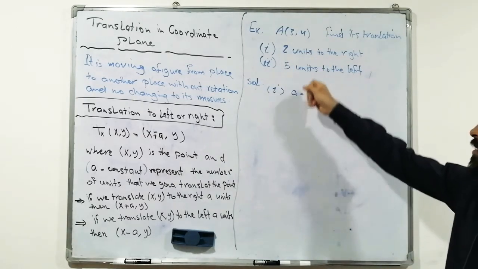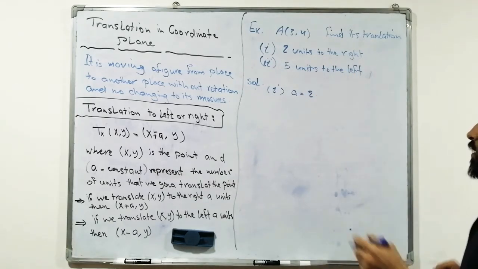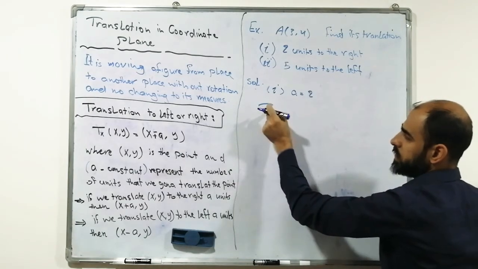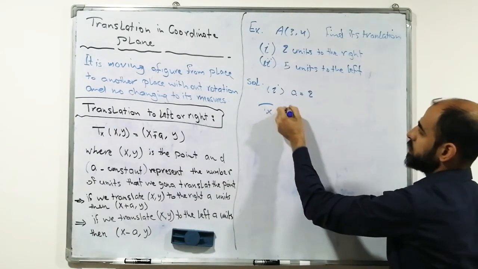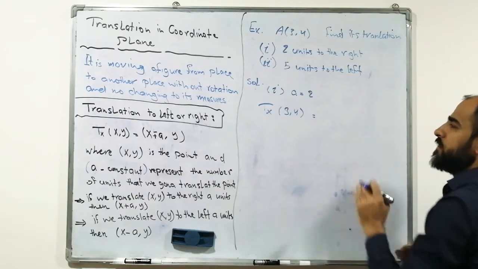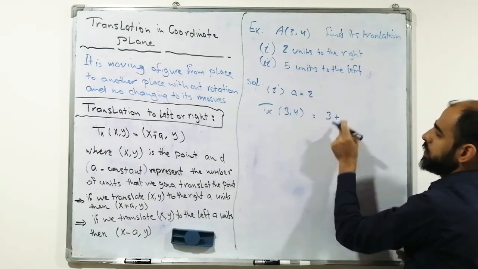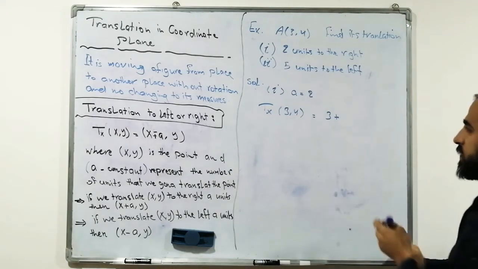We have 2 points to the right, that means the positive side of x, that's meaning translate sub x, t sub x, that's meaning translate with the x-axis of the point 3, 4, 2 units.